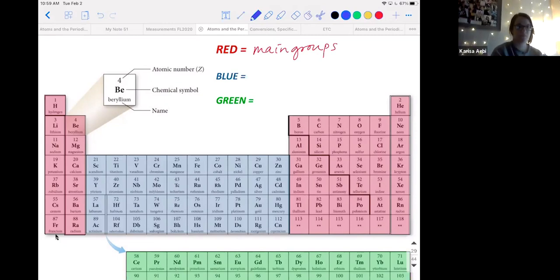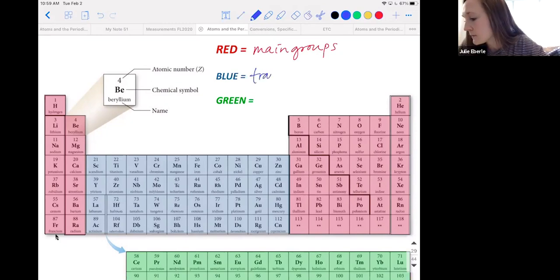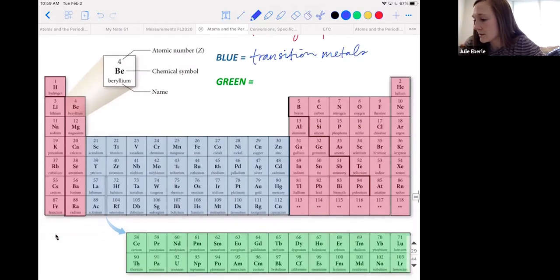Yes, transition metals. So those are all metals. The transition metals are slightly different from main group metals, but they're all metals nonetheless, but we'll also examine some of that later.